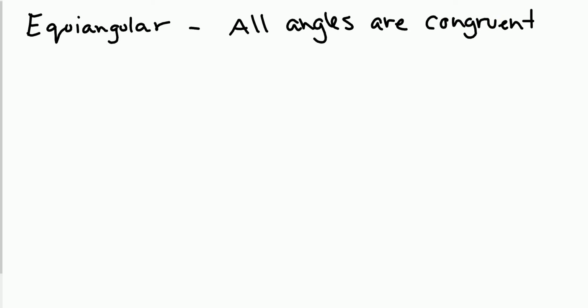Okay, but if all the angles are congruent, that also means that all the sides are congruent. So an equiangular triangle is the same thing as an equilateral.